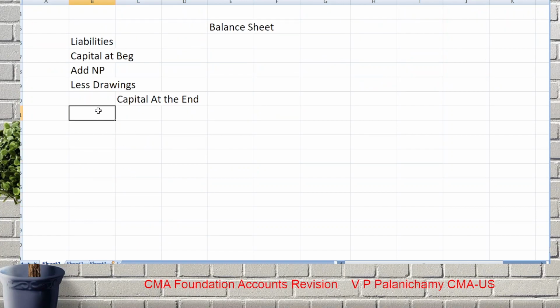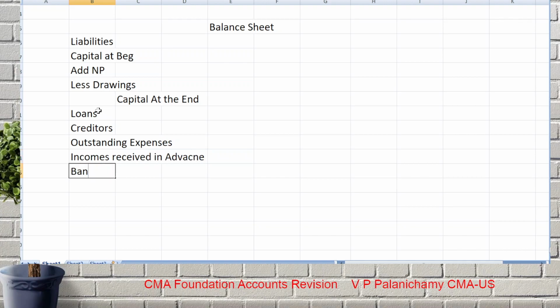Then balance sheet liability side items are loans, creditors, outstanding expenses, incomes received in advance, then bank overdrafts and so on. All liabilities will come.